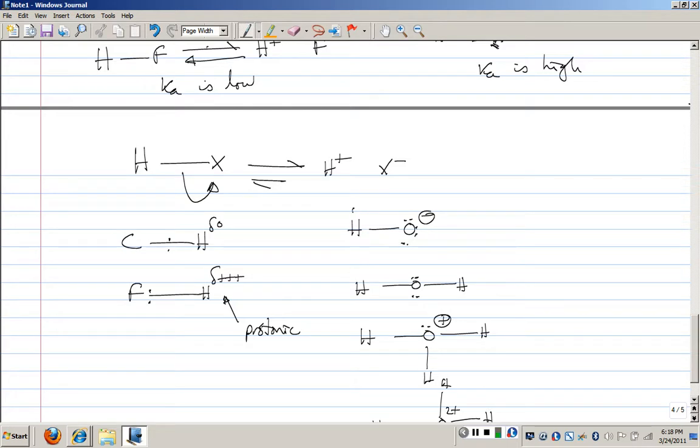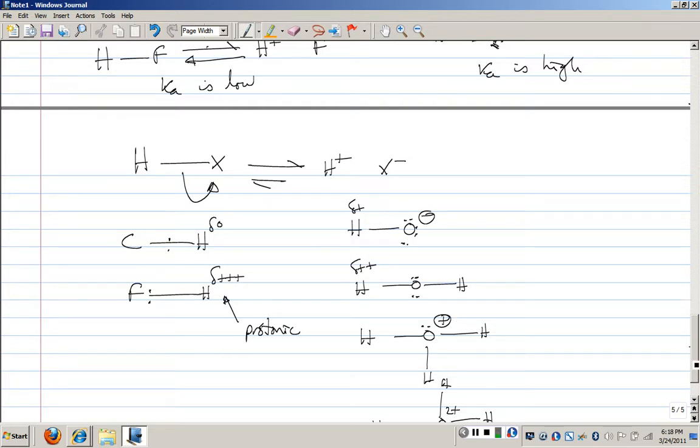So this H will have a slight dipole, but nothing too great. This O is not negative. It has a smaller concentration of electron density, only 2 lone pairs compared to 3, and therefore it's more electronegative than that O, which means this H is more protonic.